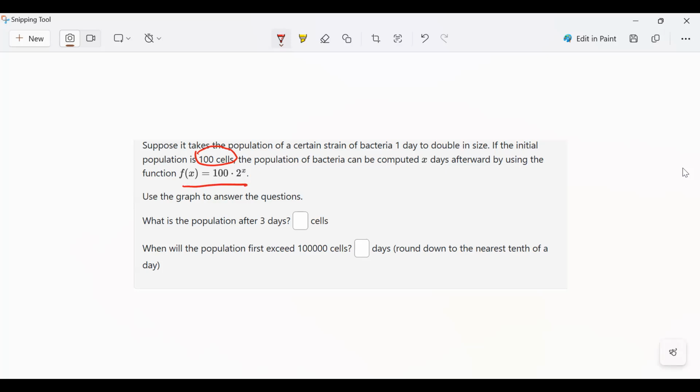It doubles every day, right? So this is the population after 3 days, meaning x equals 3. Now f of 3 is going to be, replace x with 3, 100 times 2 to the third. 100 times 8, that's 800. So it's 800 cells.